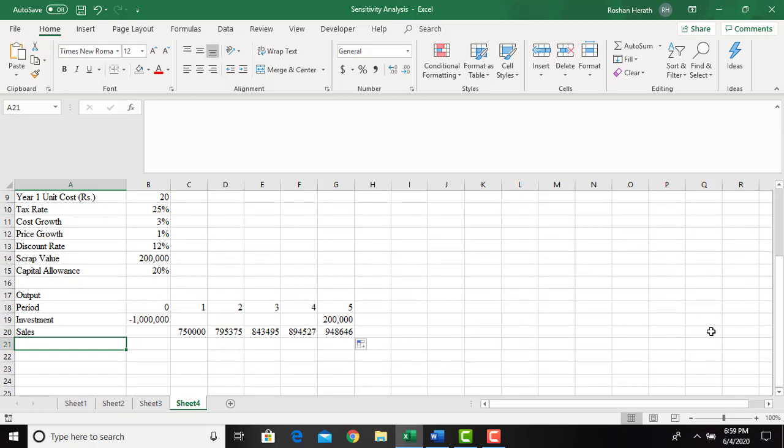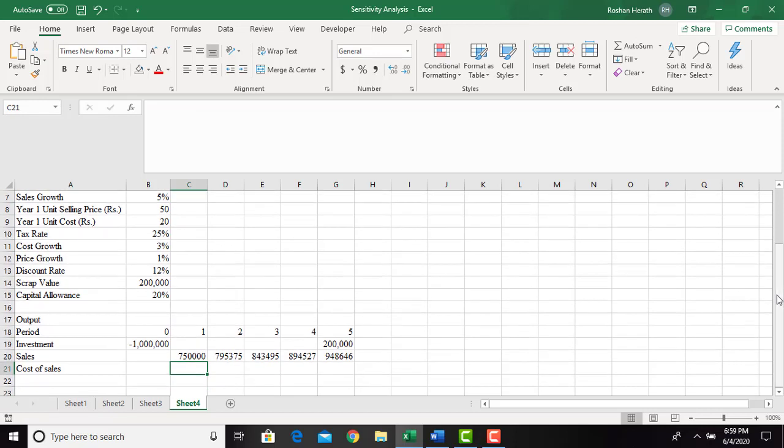Thereafter you can get the operating cost, or you can say the cost of sales. You can get that cost information, or the operating cost, whatever. Cost of sales is going to be again the year 1 units, which are given, I believe, yes.